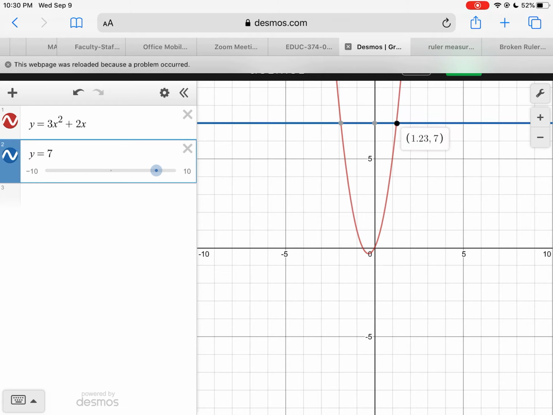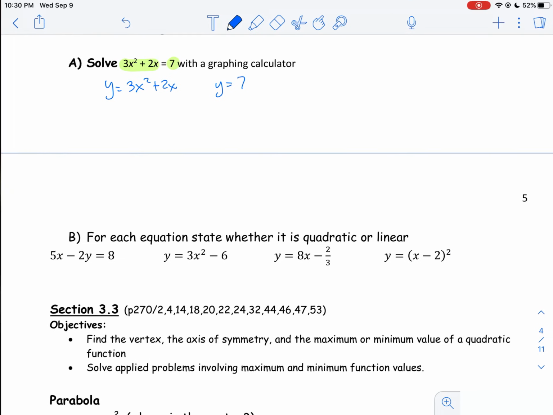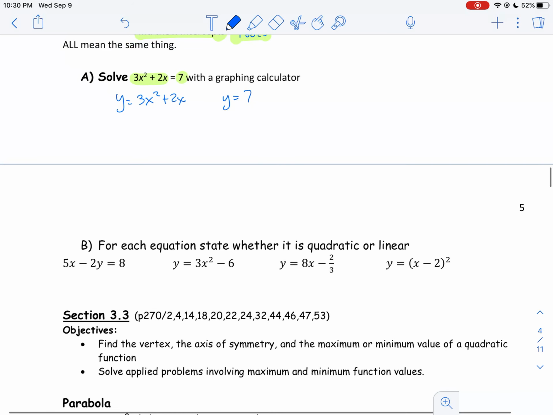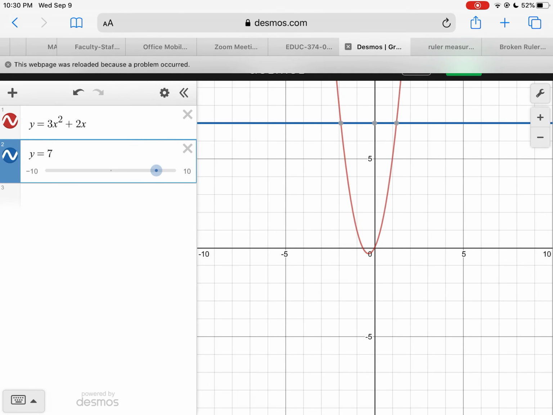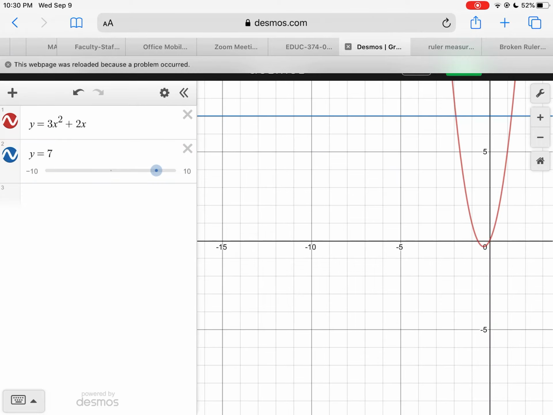In Desmos, it's really easy. You see x equals 1.23. And the second solution then is over here. x equals negative 1.897.